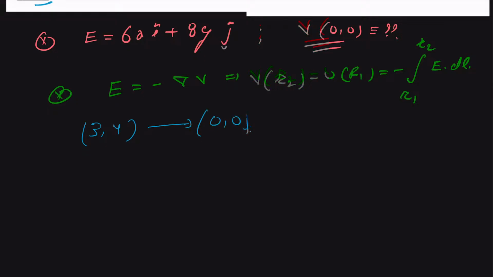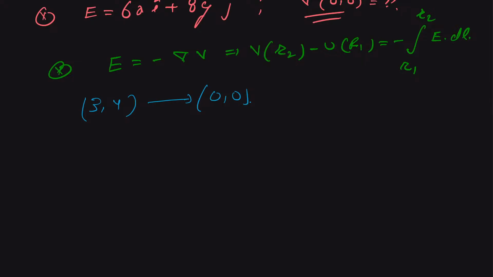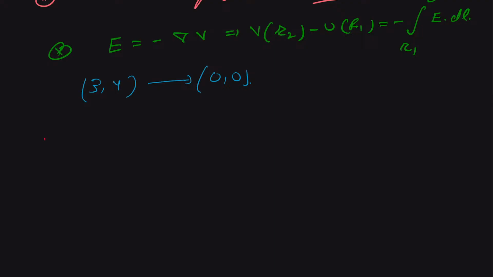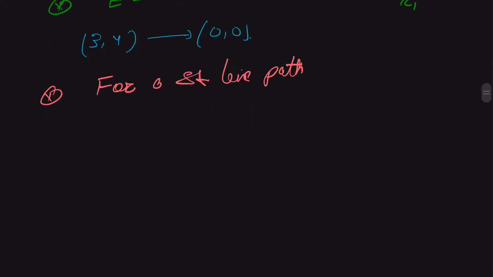Okay. So we can just say that it is a straight line, convenient path. So we can say that for a straight line path, we can write that our x is our 3t and y is our 4t, and our t is from 1 to 0.